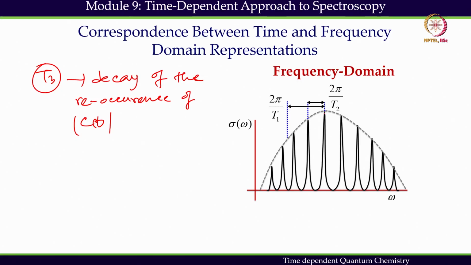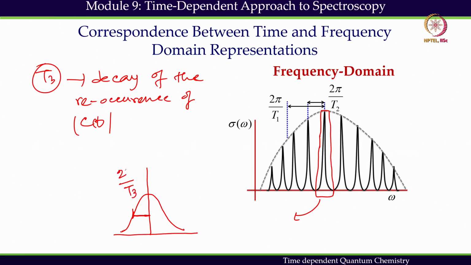So this part I have to magnify. I will magnify this entire spectrum, and it will be like this, and T3 is indicating the width of each spectral feature. This is 2 pi by T3.